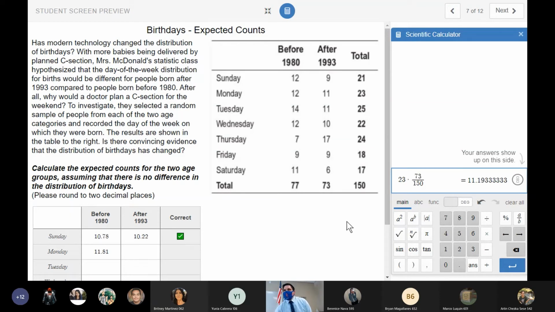Get 11.19. And we can continue to fill in each cell in the table that way. It's important to stay organized when you're finding your expected values. Okay, so having a table can be very helpful. Are there any questions about how to fill in the expected counts?